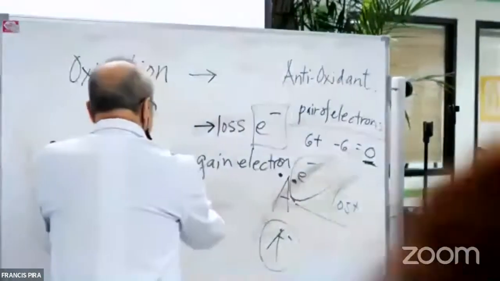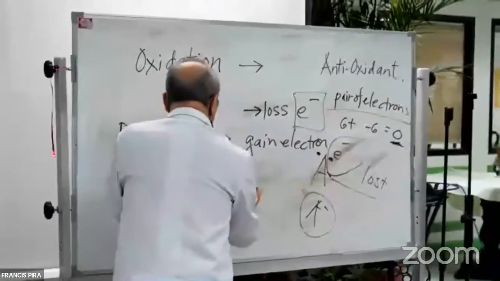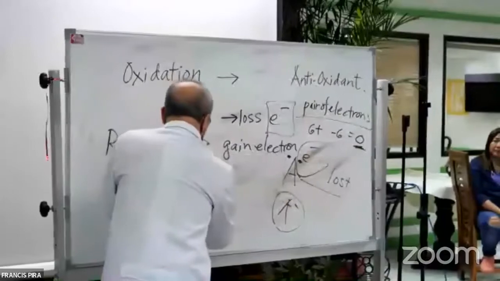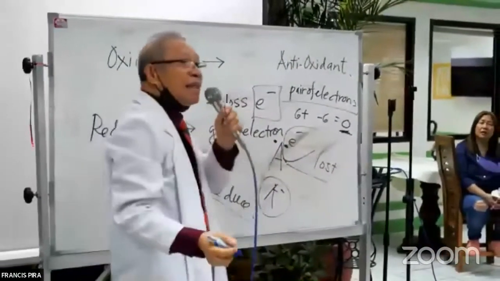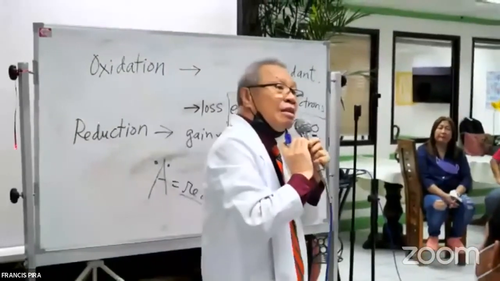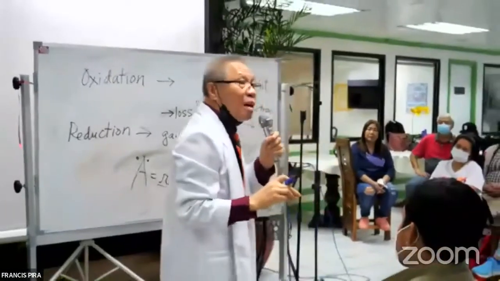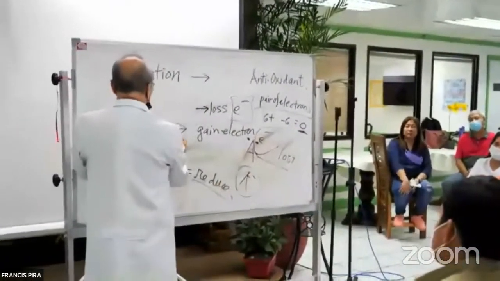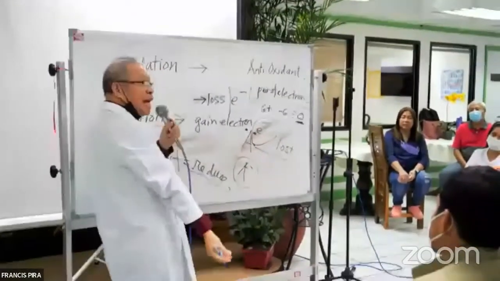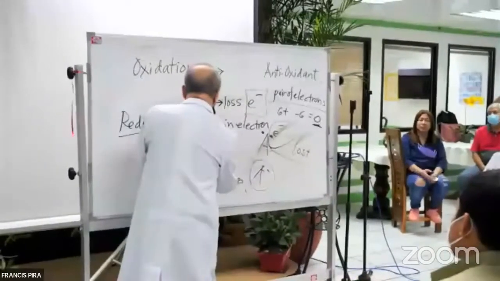Then if it gains an electron, what will happen? It will be reduced. It's the reverse: you have added, so you'd think you gained, but the term in chemistry for that is reduction. So any molecule that has gained an electron is a reduced molecule.